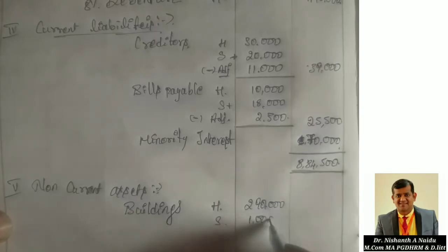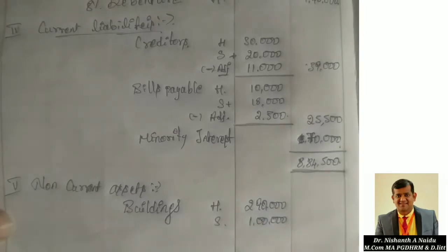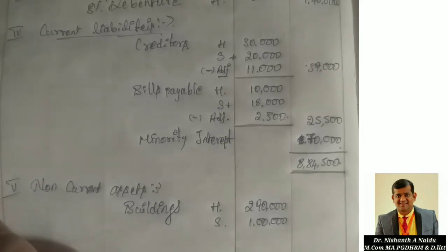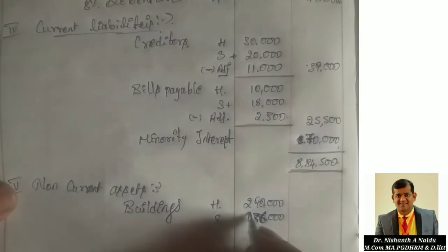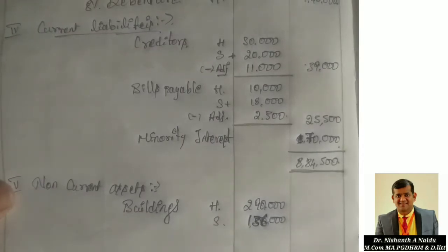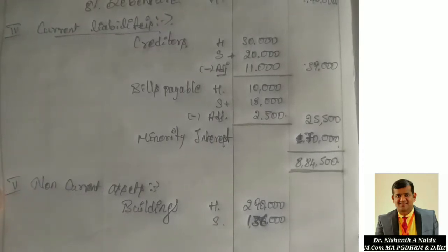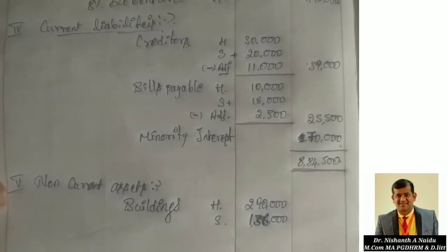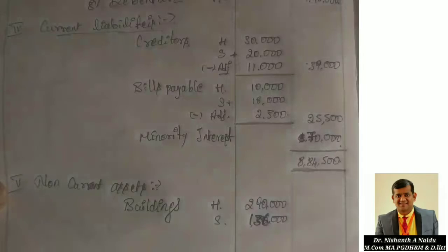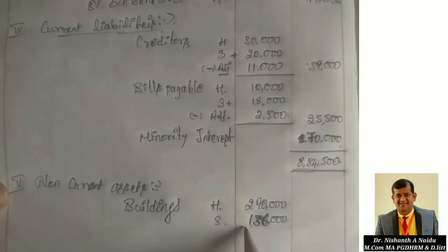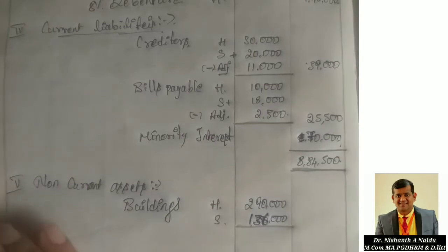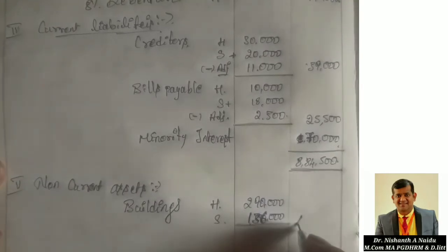Then 1,36,000. So 2,90,000 plus 1,36,000, total 4,26,000.